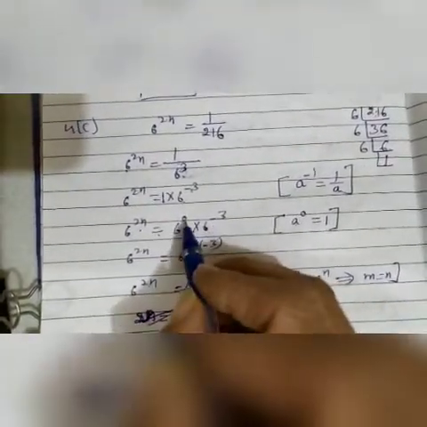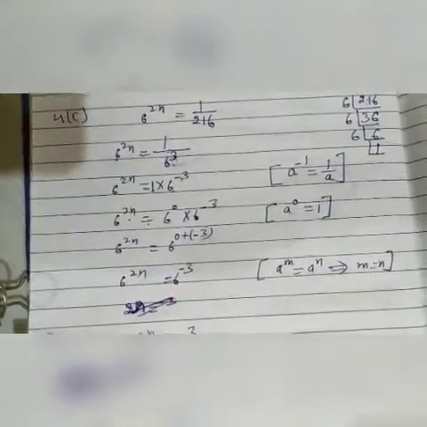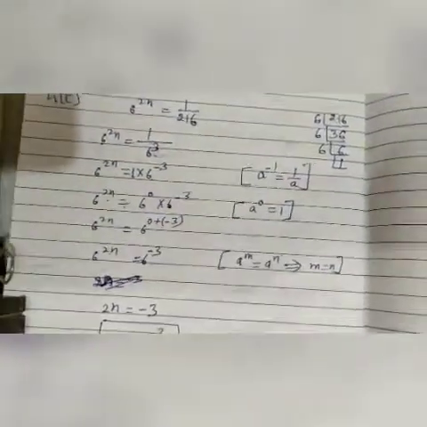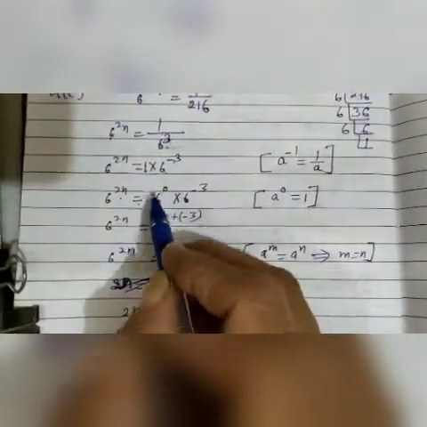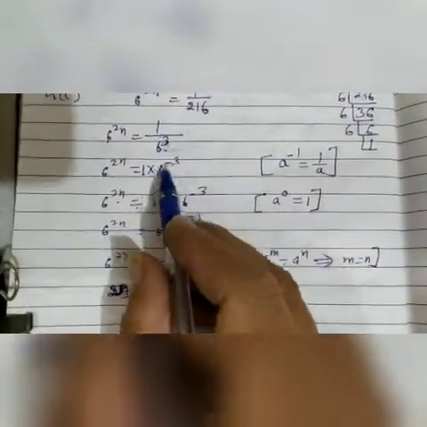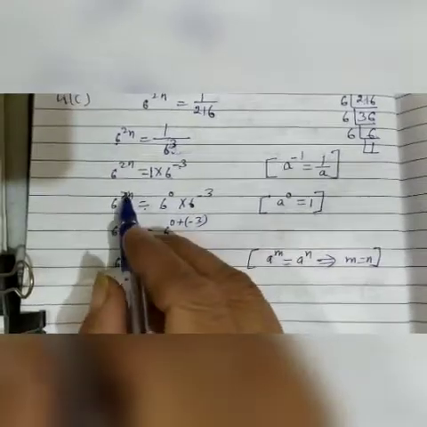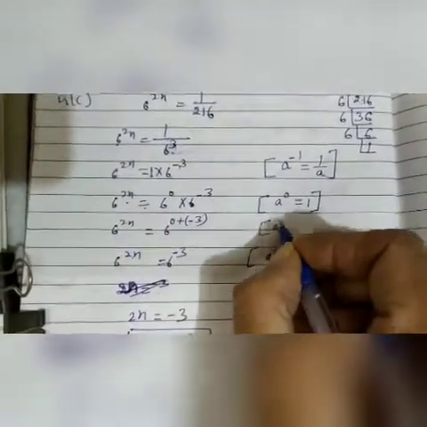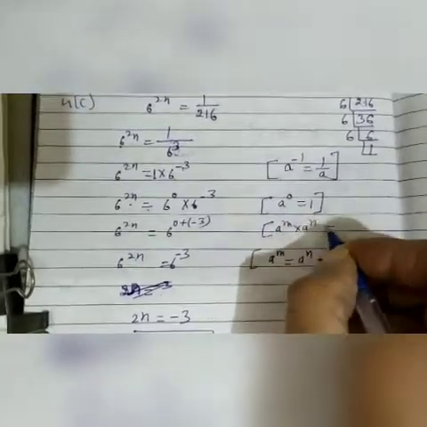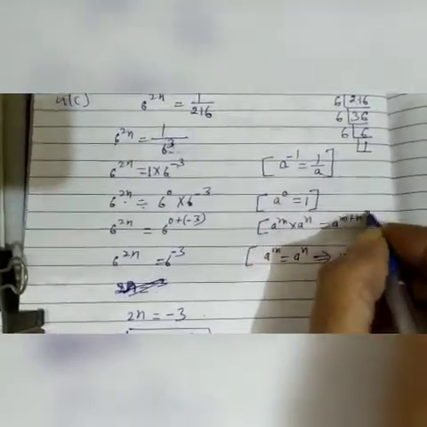As you know, if power is 0, whatever the base is doesn't matter. So we need here base as 6. We will write it 6 power 0 into 6 power minus 3. Now 6 power 2n is equal, here we are using a power m multiply a power n is equal a power m plus n.